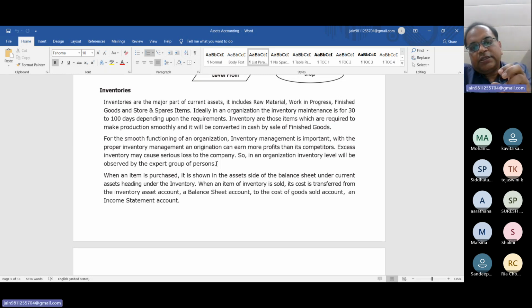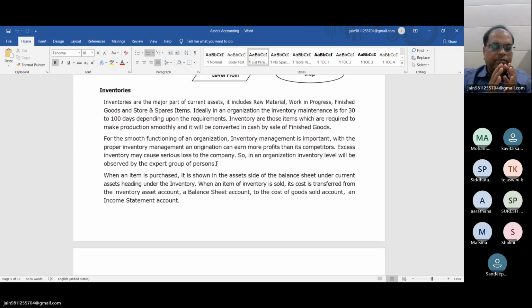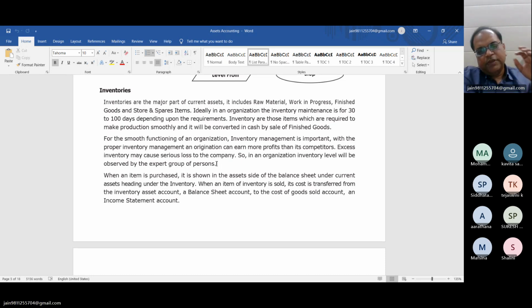If you purchase material over and above a certain limit that you have fixed, we can keep the maximum level at, for example, 1000 kg of material. This is your maximum level.